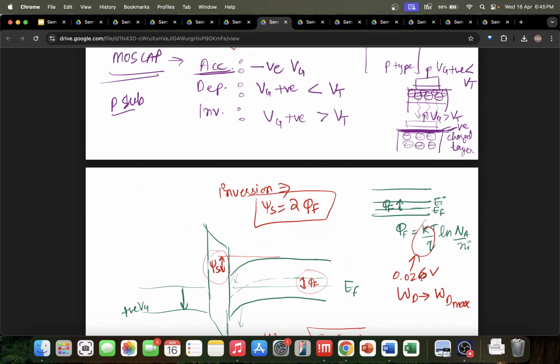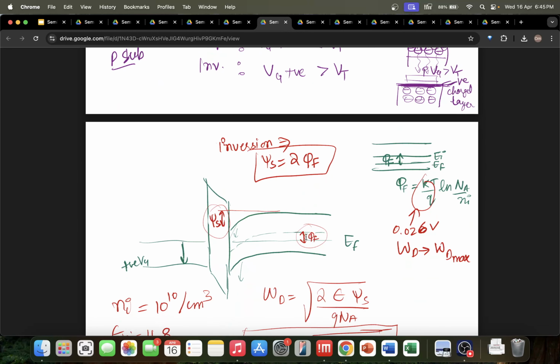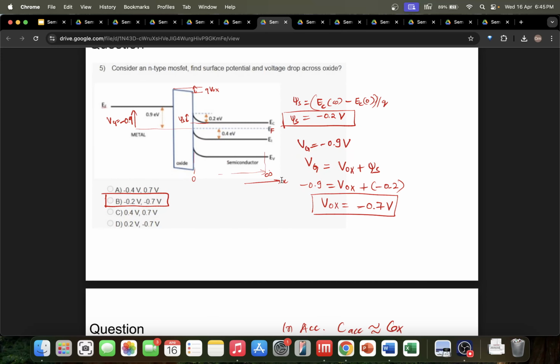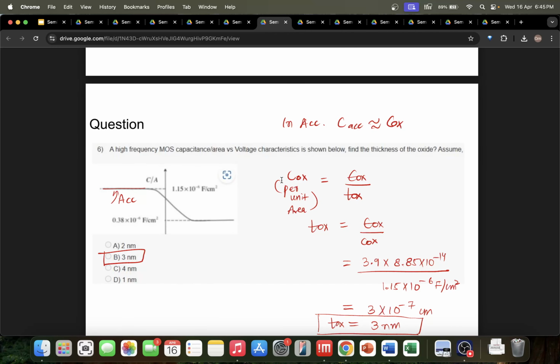How band bending happens, how the band diagram changes, and what psi s equals 2 phi f means. All these concepts are very important. Some questions to determine Cox or psi s. How KVL is applied in the MOSFET, the CV curve of the MOS capacitor.